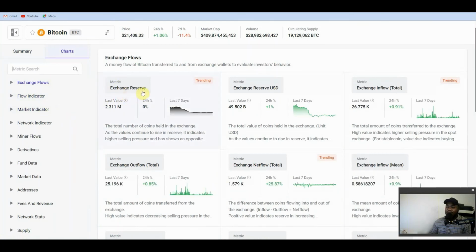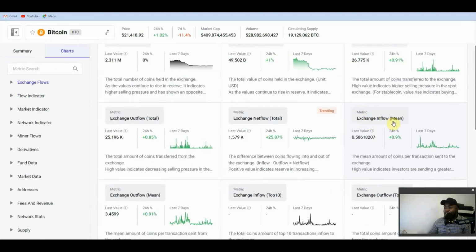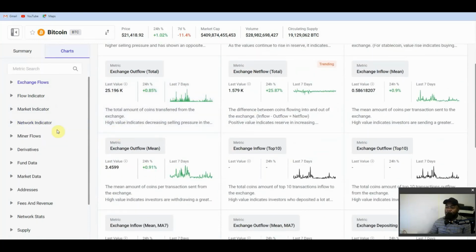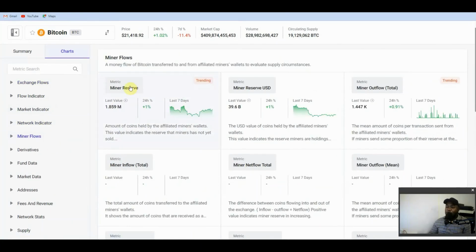Now, exchange reserve in USD, exchange inflow mean, exchange net flow. All this information you can find. Miners reserve, miner inflow: how much miners reserve, people that are mining, how much did they reserve. When the miner reserve is increasing, it shows that they are not selling.